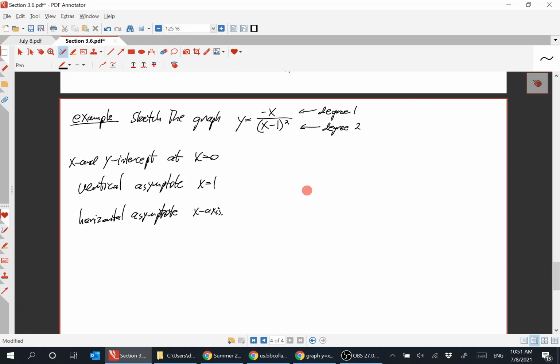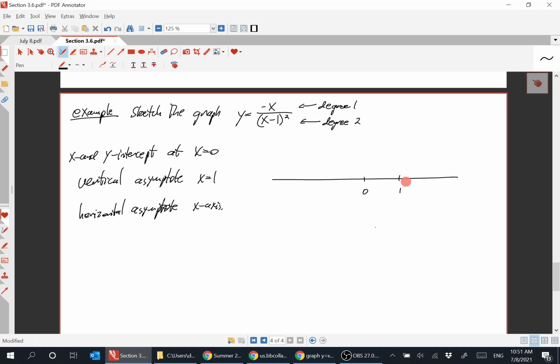And now all that's left to check is the positive and negative behavior. Well, here's 0 and here's 1. You just look where the polynomials on the top and bottom are 0, and you just test these intervals. So at x equal to minus 1, positive over positive. So it's positive here. Between 0 and 1, x equal to positive a half.